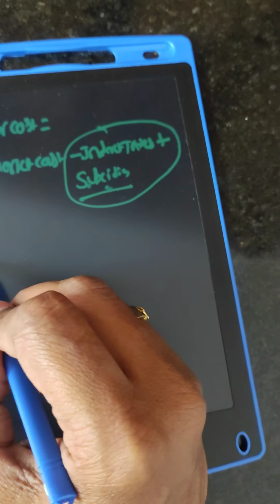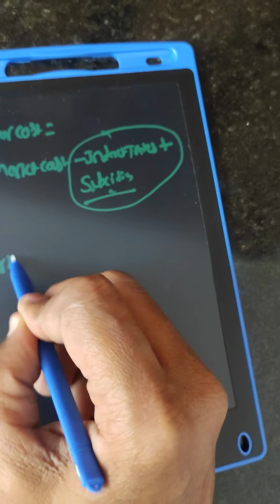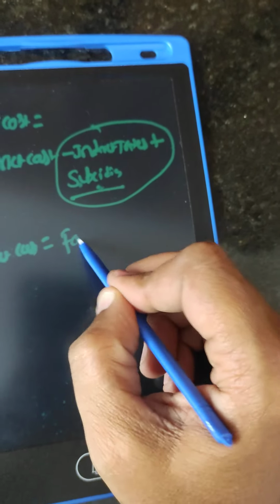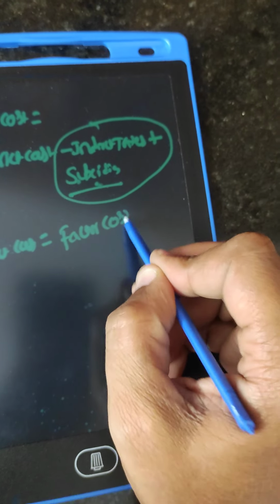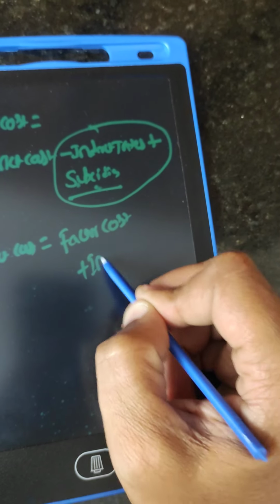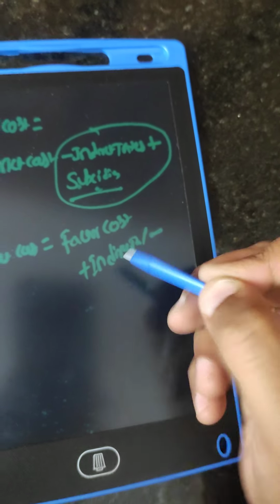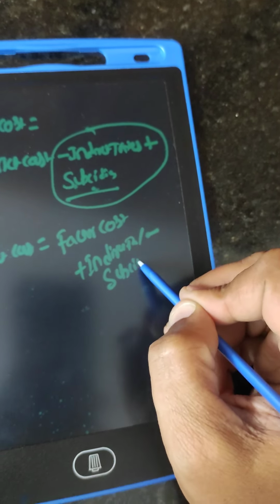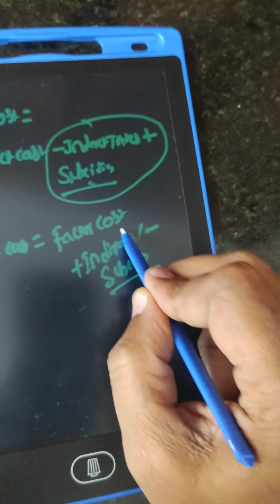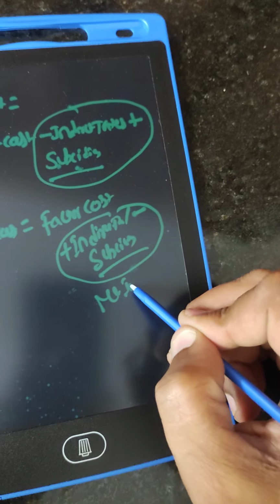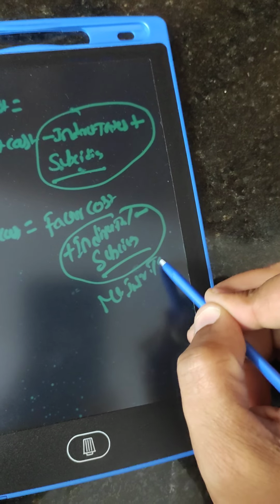So by this we can deduce the equation for the market cost. Market cost equals factor cost plus indirect taxes minus subsidies, right? So this is called as net indirect taxes.